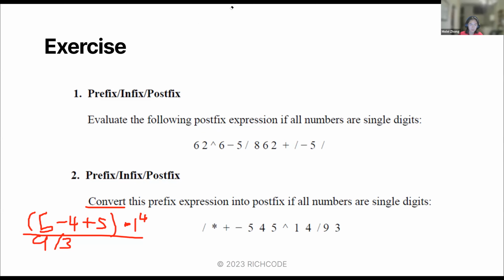And now we need to go to postfix notation. So let's write this out in one line. Up here, 5 minus 4 plus 5, in parentheses, multiplied by 1 to the power of 4. I'll just use the arrow so it's all in one line.